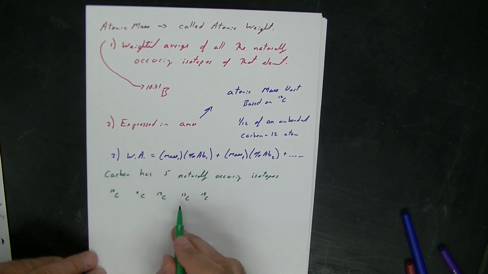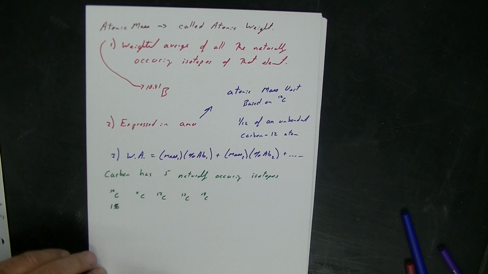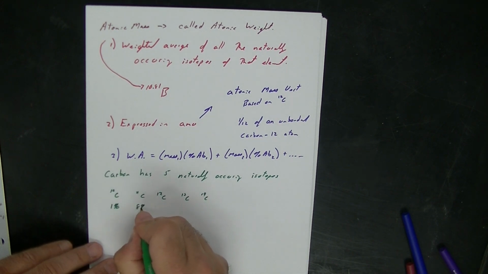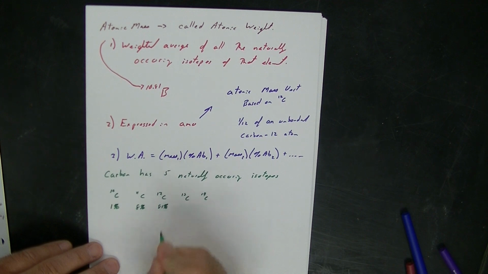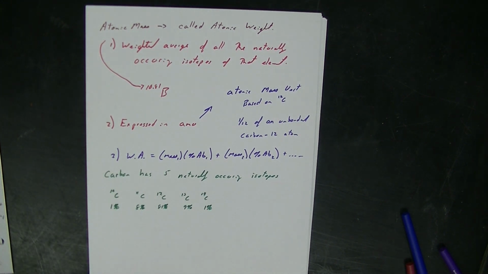If we look at a sample of carbon, 1% of that sample is carbon-10. 8% is carbon-11. 81% is carbon-12. 9% is carbon-13, and 1% is carbon-14.